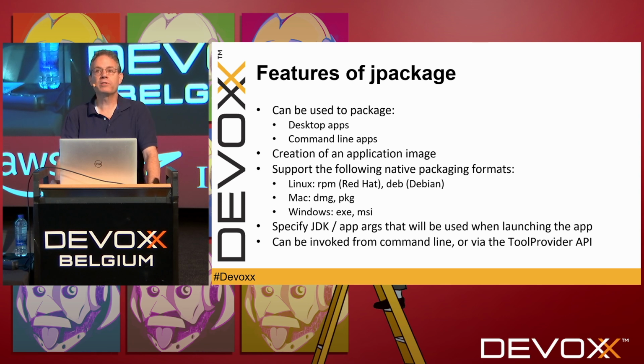So jpackage can be used to package either desktop apps or command line apps. And I'll show an example of, I probably won't run a command line app unless we have a little extra time, but I'll show how you would do that. It will create the application image for you, and by that I mean it will take your JDK, take any extra modules you need, exclude what you need, and produce the JDK that it will end up using.